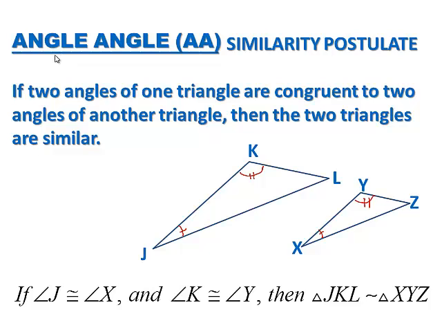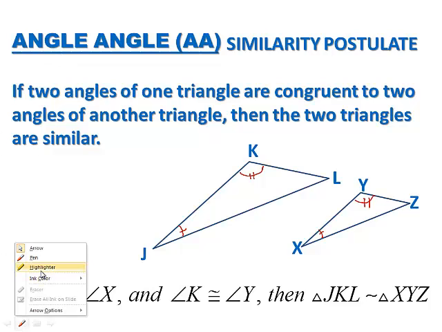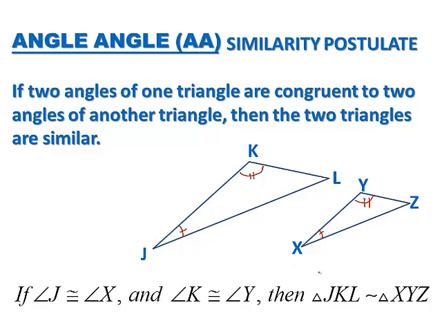Remember your orientation: I went J to K to L, so I have to do the exact same orientation with the other one, X to Y to Z, which I do. The orientation needs to stay the same, just like in Unit 4.